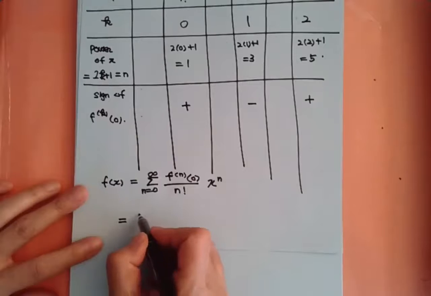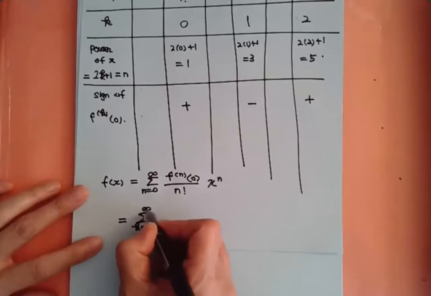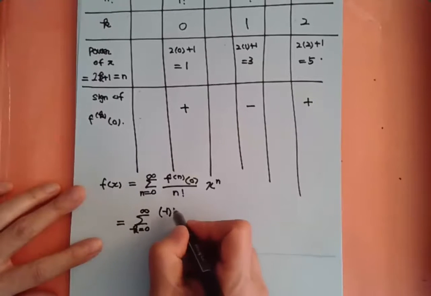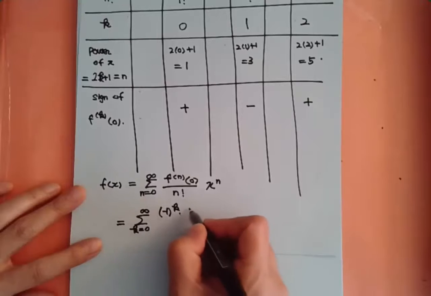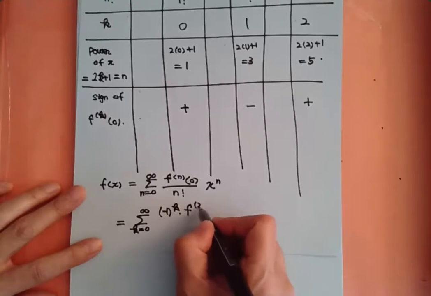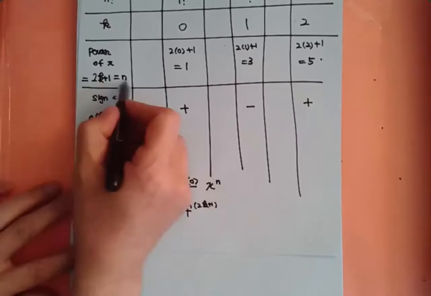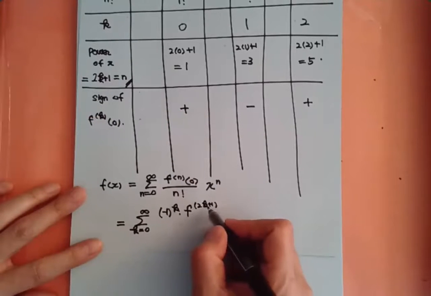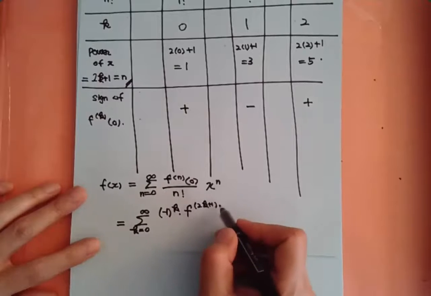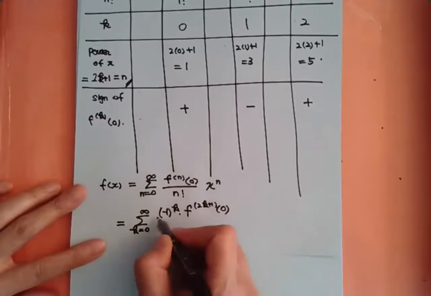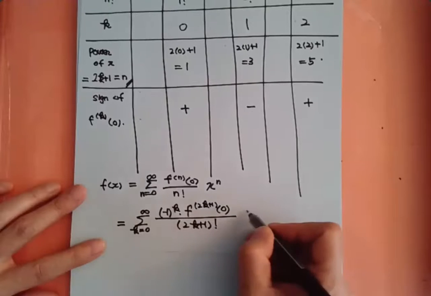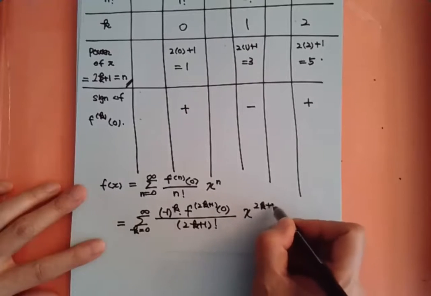And then we decided to use the sub-index k equals 0 to infinity, and then we can rewrite that as minus 1 to the k power times the 2k plus 1 derivative of f at 0 over 2k plus 1 factorial times x to the 2k plus 1.